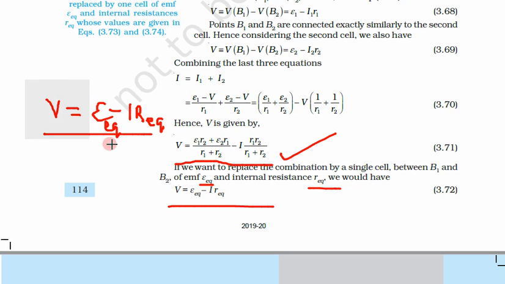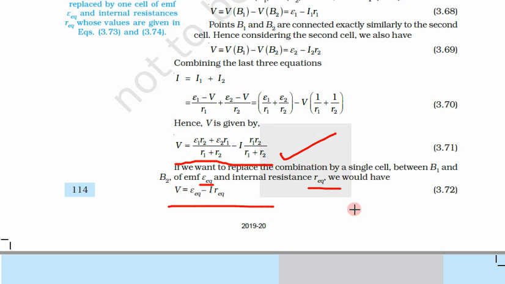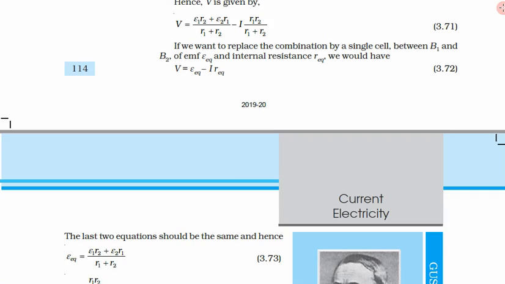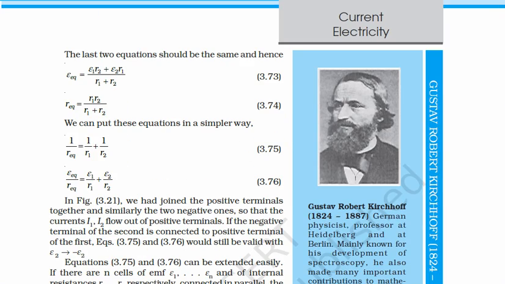Now let us compare these equations. If we compare these equations, what do we get? V is V, epsilon equivalent is this much, I is I, and R equivalent is this much. So after comparing, we get R equivalent and epsilon equivalent. So these are the values.